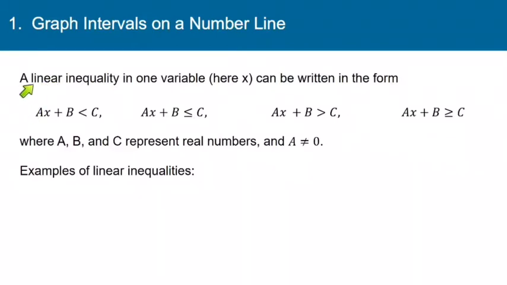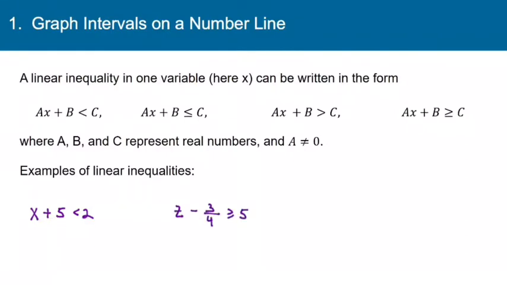So basically the thing that makes these linear inequalities is that we have an x term and we don't have an x squared or an x in the denominator or anything weird like that. So here are a few examples of linear inequalities. We could have x plus 5 is less than 2. Here the a number is 1, the b number is 5, and the c number is 2.